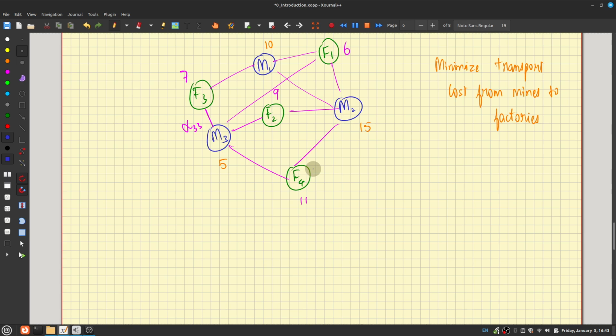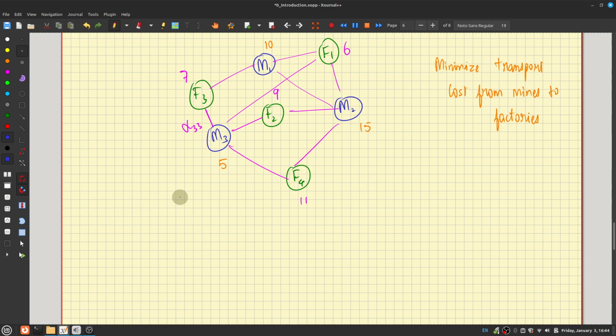So first I have this engineering problem and I want to pose this as a mathematical optimization problem. So let's think about one particular way of formulating a problem. I know how much ore is being produced by each mine, right? And I know what the particular demands are, right?